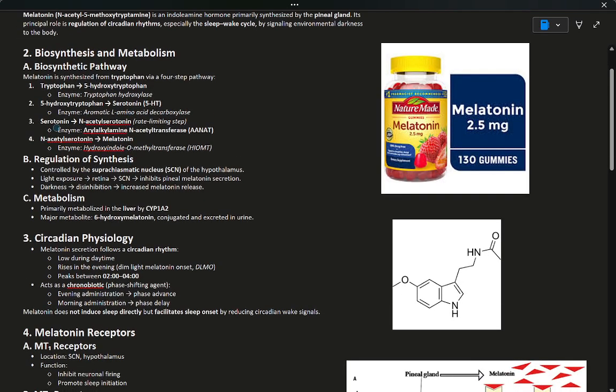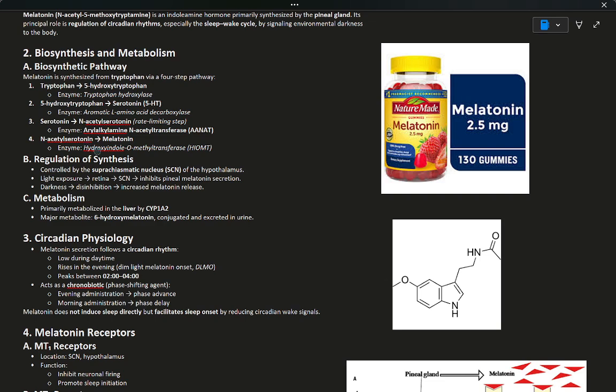Then the serotonin will be converted into N-acetylserotonin through the enzyme called arylalkylamine N-acetyltransferase. And this step is the rate-limiting step. And then the N-acetylserotonin will be converted into melatonin.